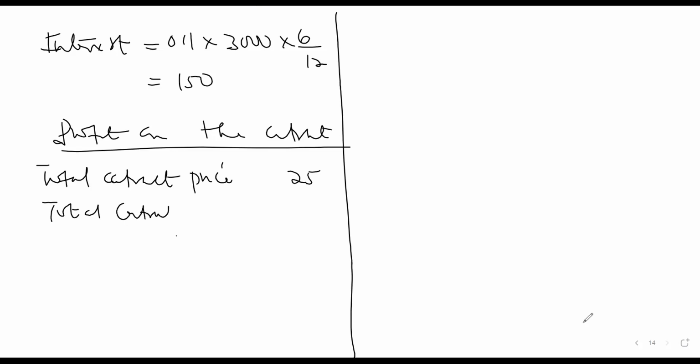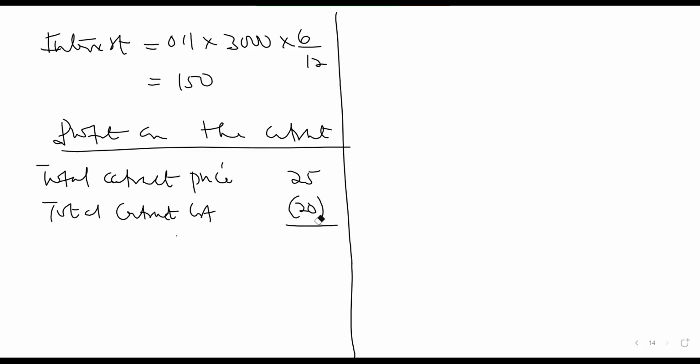And that will always be calculated as the cost incurred to date and the estimated cost to complete. And that will be 20. So the company will be having a profit of 5.